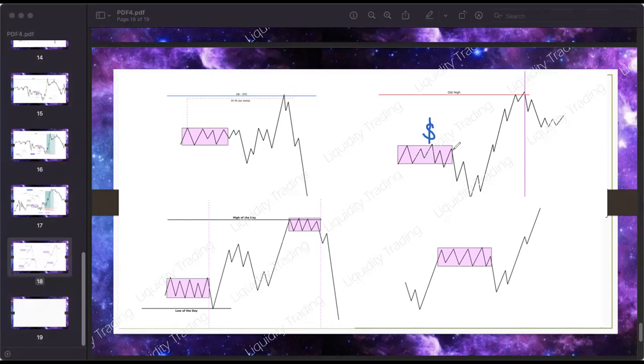And preferably you would like to see here a strong move and the market make a small pullback, retracement, and that would be your entry. So it's pretty much looking like the no break of structure entry.